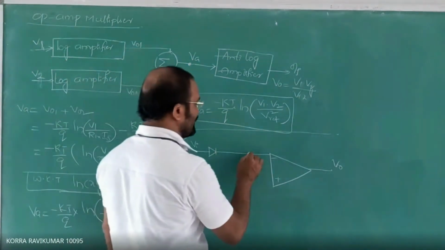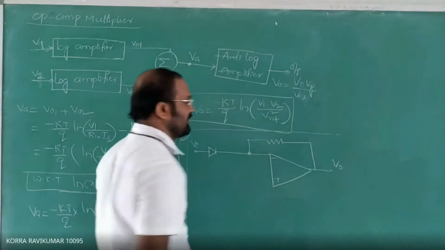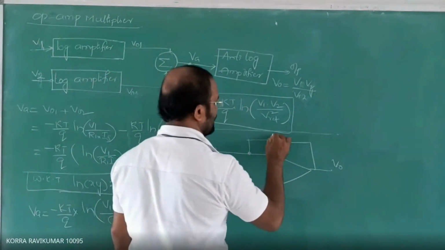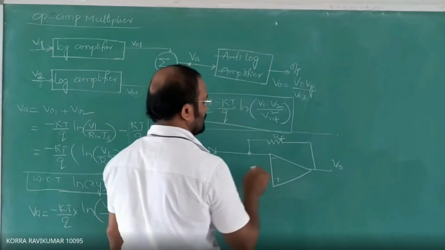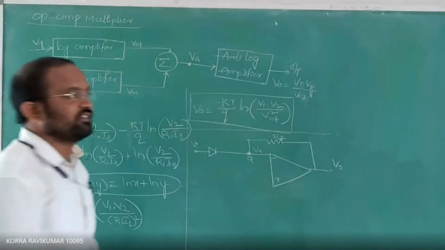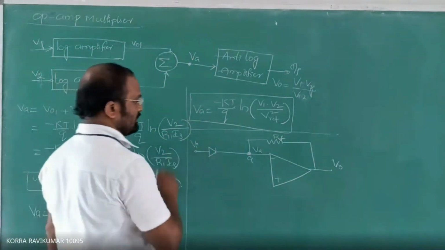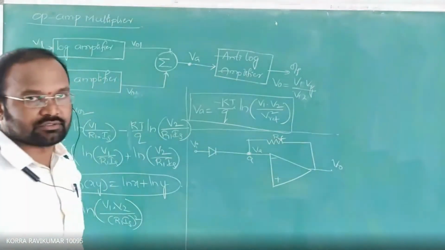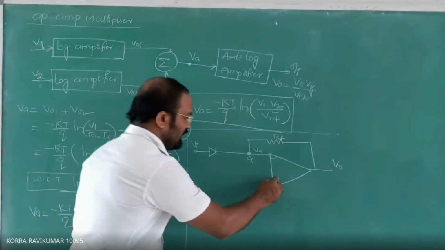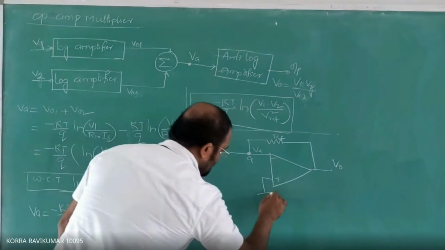And here there is a feedback resistor RF connected between output and virtual ground. This is RF. This is virtual ground A, and the potential present at this point is VA. And this is the input voltage given to the diode. And the non-inverting terminal is connected directly to ground.